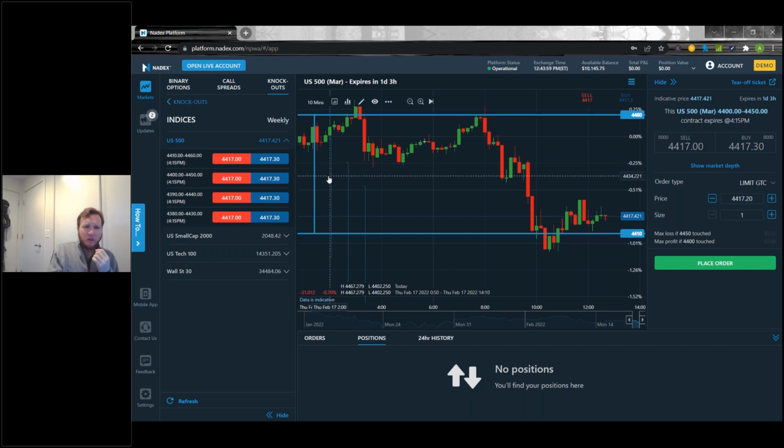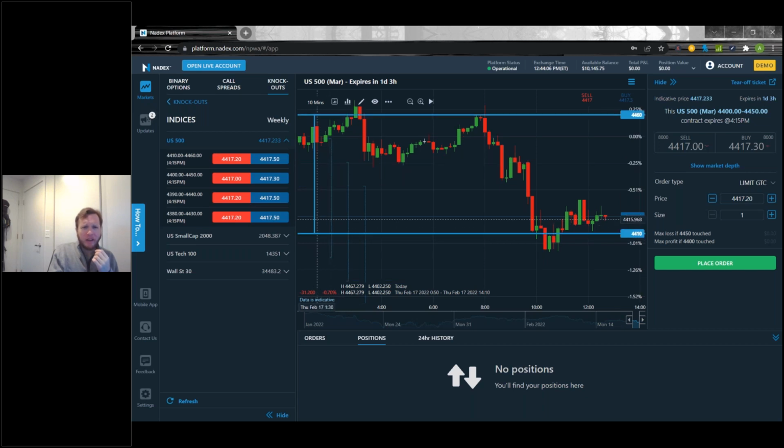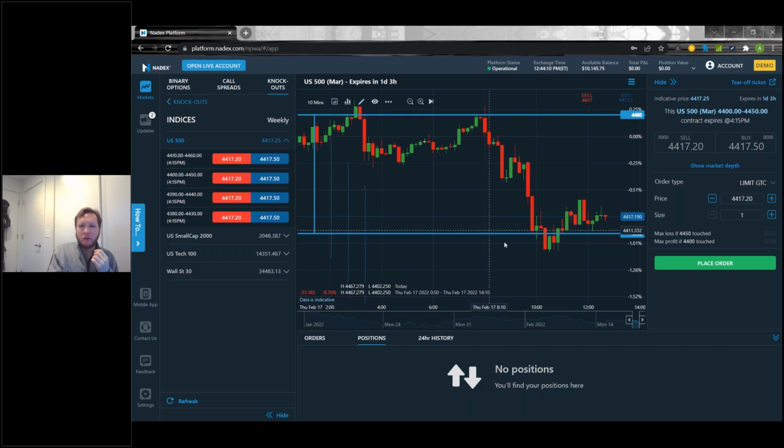On the left-hand side, I have my 4 different ranges, and I can click through them. It's overlaid directly on the chart, so you can visualize how close the market is to the bottom, and how close it is to the top or ceiling level.